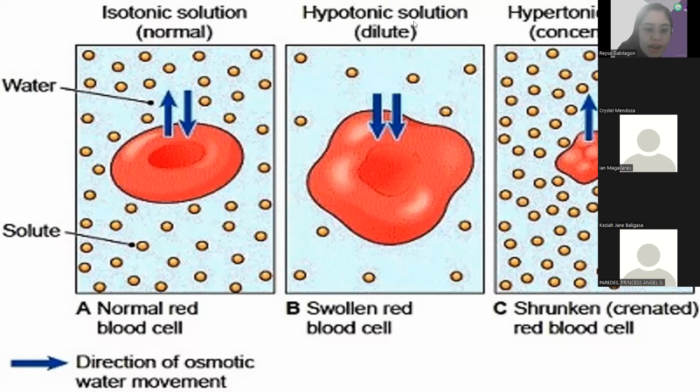Ano example ng ating isotonic solution? That's 0.9%. Take note, 0.9% sodium chloride solution. Yan yung ating isotonic. Or we call that normal saline solution. Let me write that sa screen, normal saline solution.